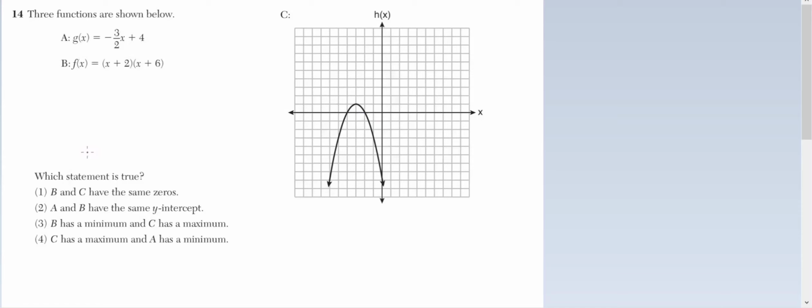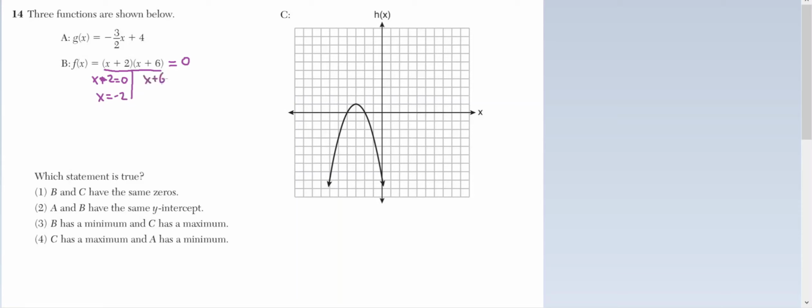Choice 1 is that B and C have the same zeros. So that would mean that B and C cross or touch the x-axis at the same points. In the case of B, we can set it equal to 0, and then because it's already factored, form a t-chart to find that x plus 2 would need to equal 0, which implies that x equals negative 2 as a root.